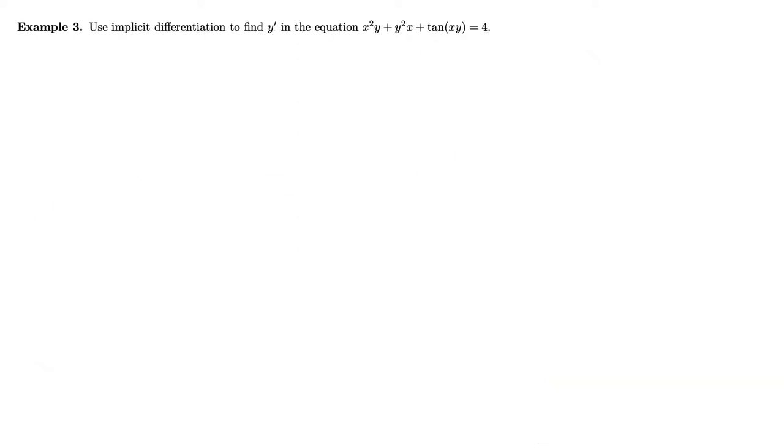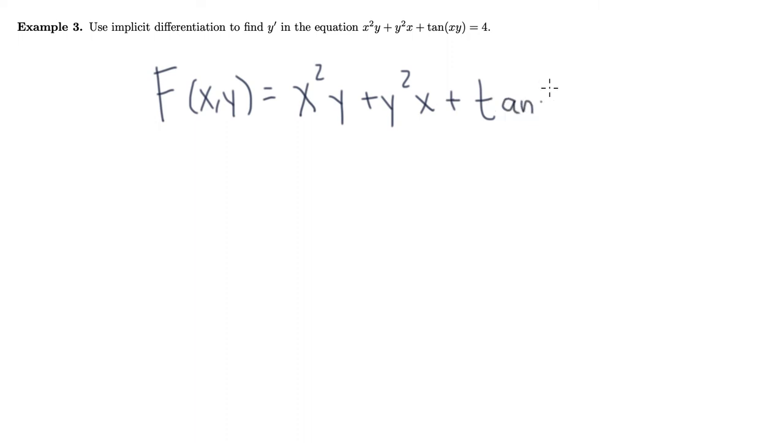So you look at this question, you say, wait a second, this is just a Calc 1 question. And you're exactly right, but now remember we have some justification for implicit differentiation, and we also have a really slick way to do it. So what I'm going to do is I'm going to say f of x, y is x squared y plus y squared x plus tan xy.